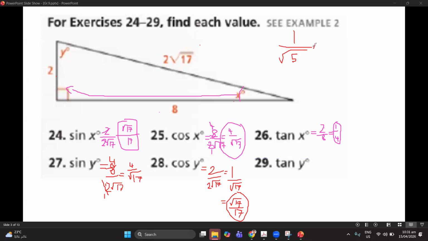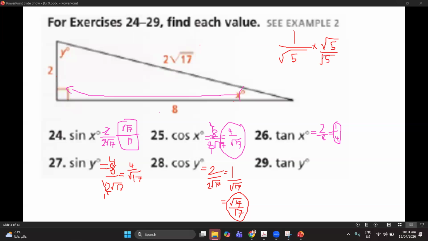This one you will take in grade 10, inshallah. You multiply it by another square root of the same number, and on top you write the same number. So it's square root of 5 over square root of 5, which is equal to 1. You didn't change anything, you just multiplied by 1.